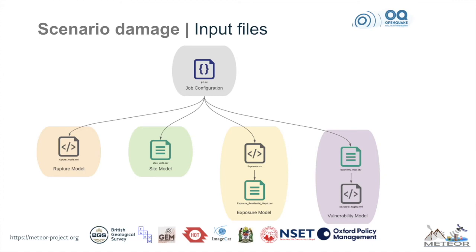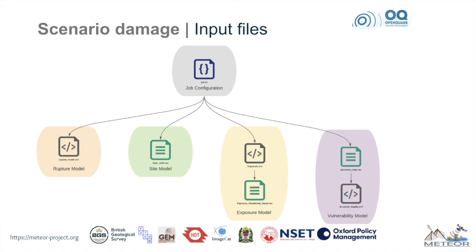However, in this case, we also have some additional inputs, which I'm referring to as the exposure model and the vulnerability model. In this case, we have an exposure XML file, which is linking to an exposure CSV file. It is also possible to link to multiple exposure CSV files, such as if we were to differentiate between different occupancies within the region.